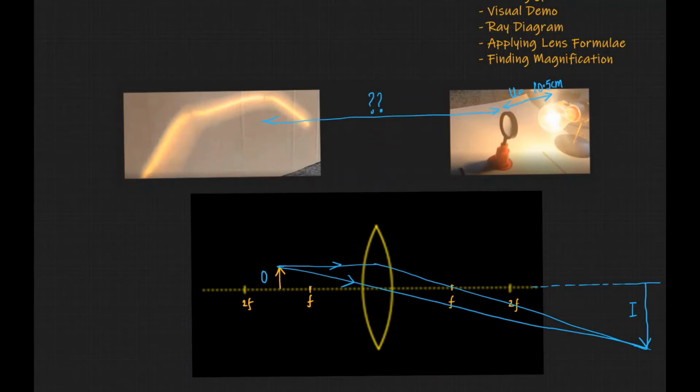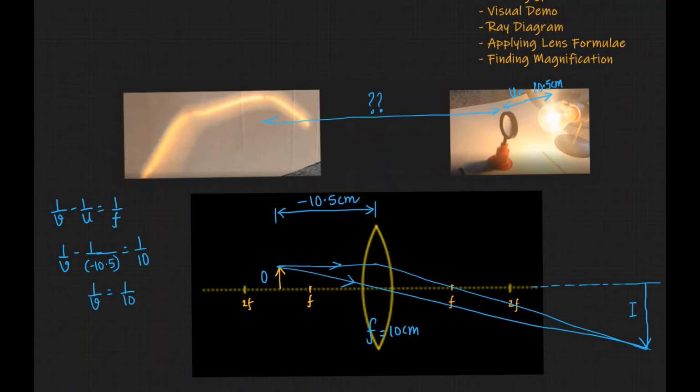To find out where this image is formed, in this particular case, the u is minus 10.5 centimeters, and given that your focal length is 10 centimeters, let's apply lens formula. 1 by v minus 1 by u equal to 1 by f, or 1 by v minus 1 by minus 10.5 centimeters equal to 1 by 10, or 1 by v is 1 by 10 minus, or minus of minus is plus, so we bring this side, it becomes minus.